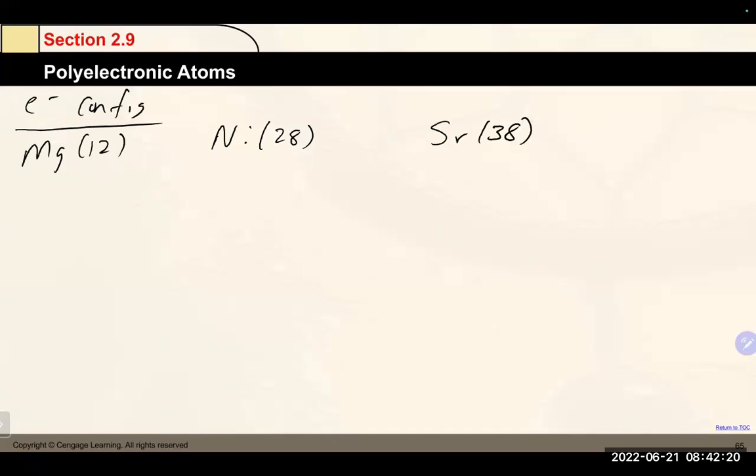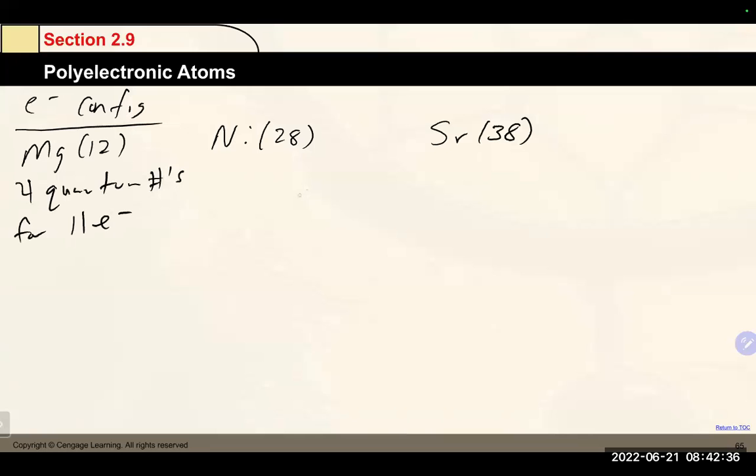So you could write just the electron configuration. You could also draw the orbital diagrams. And why don't we do the 4 quantum numbers for the 11th electron for magnesium.